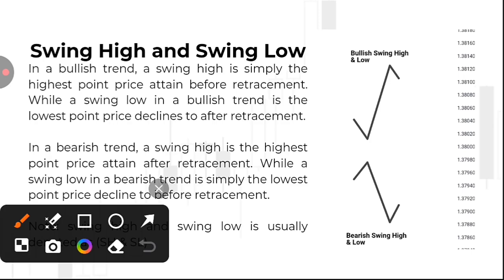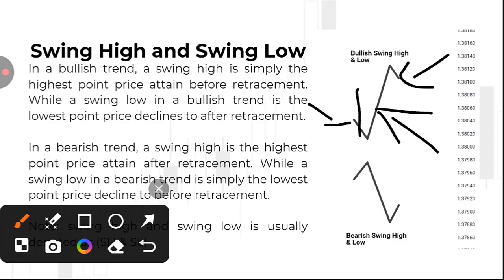So for instance, this bullish trend here is the swing, and this other move that is opposite the main direction of the swing is what is called a retracement. This guy right there is a retracement, and this guy up here is also a retracement. Hope you get the point now.